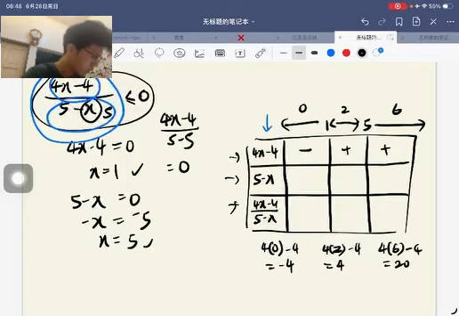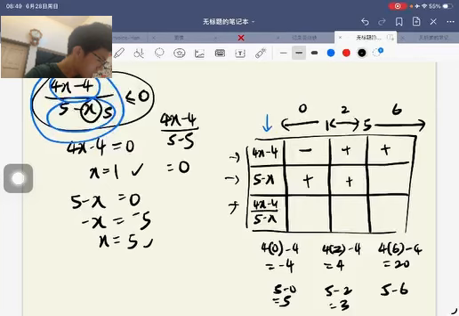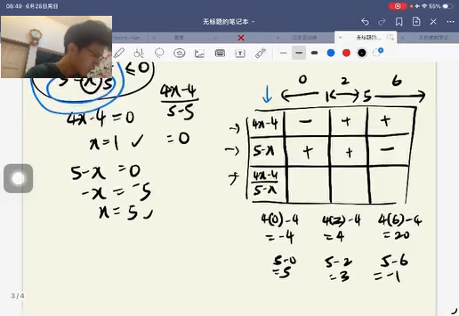And the second one, 5 minus 0 is equal to 5, so it's positive. 5 minus 2 is 3, so it's positive. And 5 minus 6 is negative 1, so you need to put negative. For the third line, you no need to do any calculation anymore.